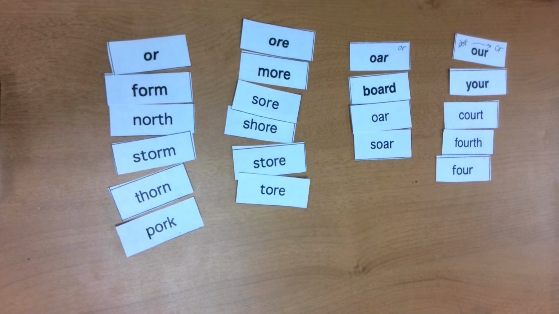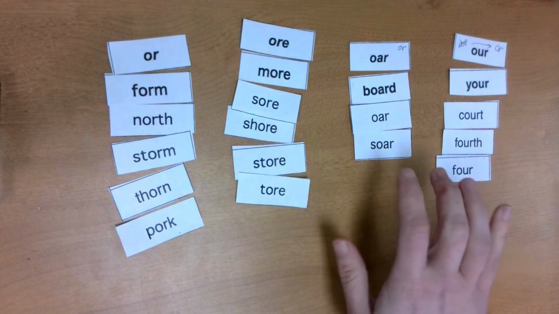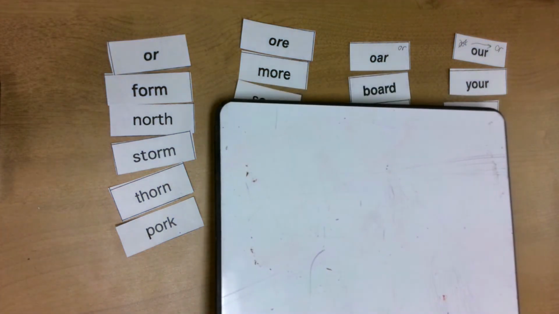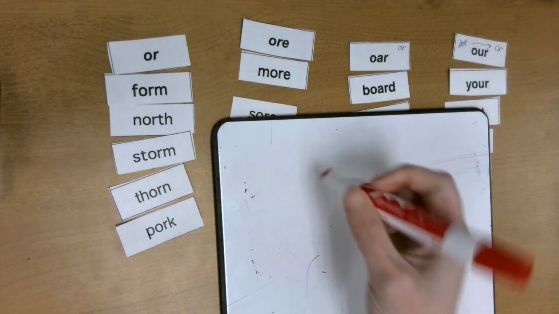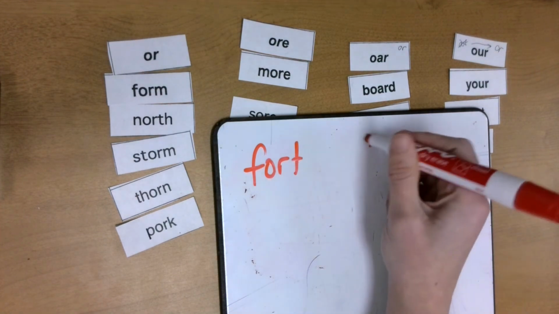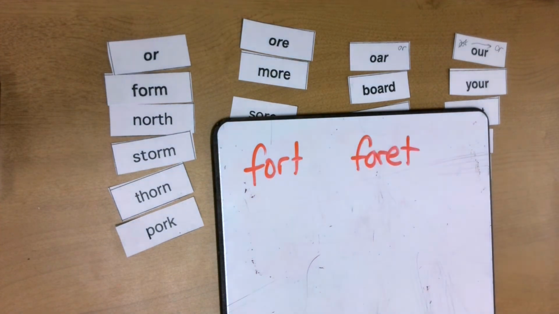My next word is fort. Go ahead and tap that out with me. Fort, fort. Like I built a fort out of sticks, or maybe a blanket fort. I know I like to do that. Fort, let's try each one. Fort like that, or fort. Ha!